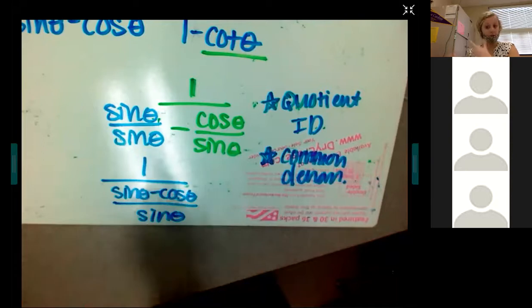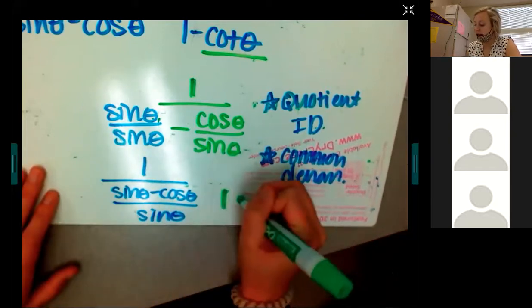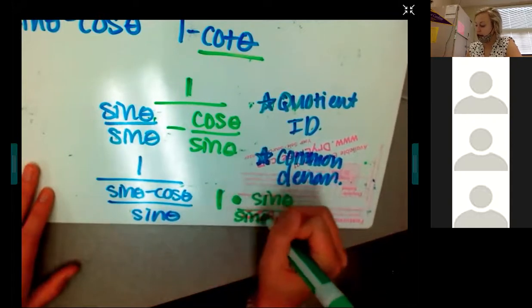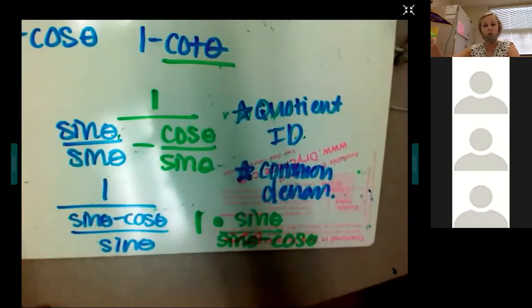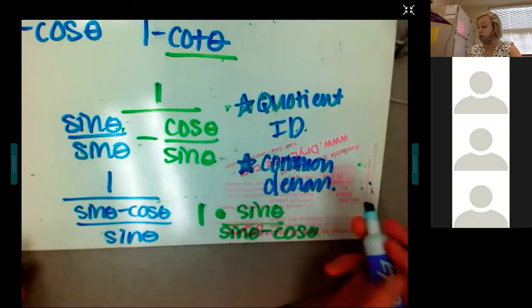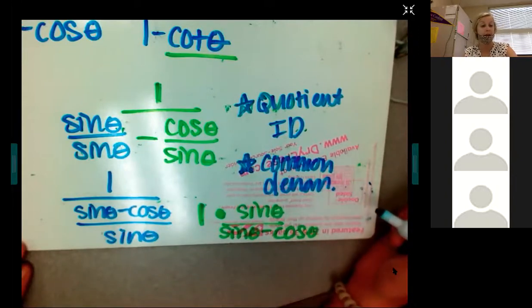Multiply by the reciprocal. So you're going to do 1 times sine of theta over sine theta minus cosine theta, which is going to give us what we wanted to start with, right? Yep. So your justification for this one, you could say multiply fractions, divide fractions. You could just say simplify. I'm fine with any of those.